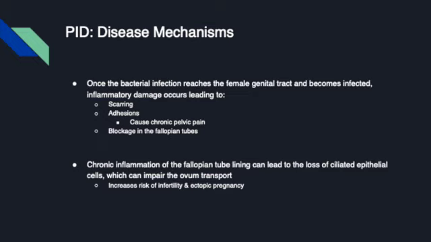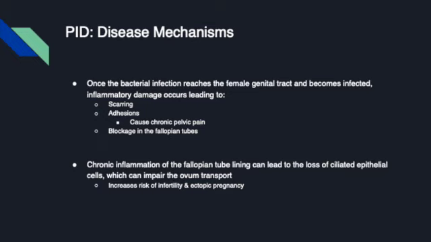This chronic inflammation of the fallopian tubes and the lining can lead to the loss of ciliated epithelial cells, which can impair ovum transport from the fallopian tube into the uterus, which could increase the risk of infertility and ectopic pregnancy altogether.